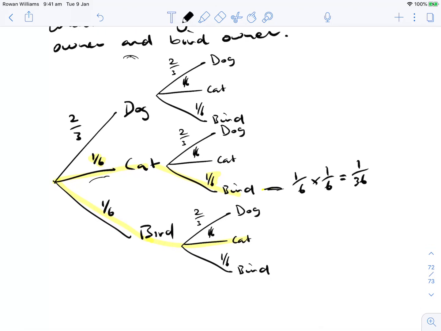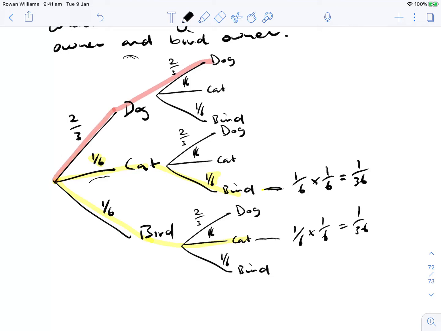Looking down to our next one as well, to work out what's happened here, I've got a 1 in 6 chance times 1 in 6 again, which is going to equal 1/36. So the two different ways that I can get to the end here is 1 in 6 chance of going this way, 1 in 6 chance of going that way. Just for example, if I wanted to work out the probability of getting a dog owner and another dog owner, I'd go down that way.